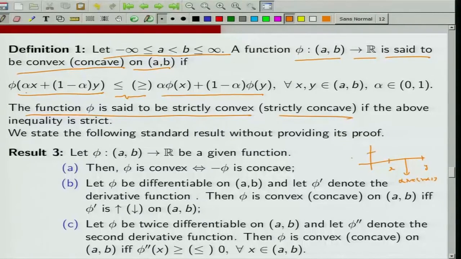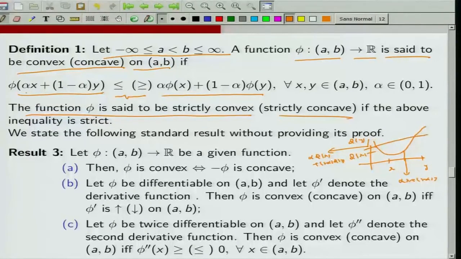So suppose phi x was here and phi y was here. Then alpha phi x plus 1 minus alpha phi y would be over here. So I am saying the value of the function here should be less than or equal to this thing over here. So this is the value of the function over here, and this is alpha phi x plus 1 minus alpha phi y.